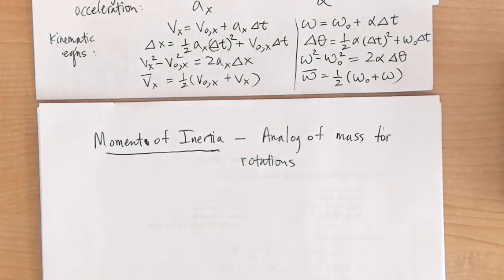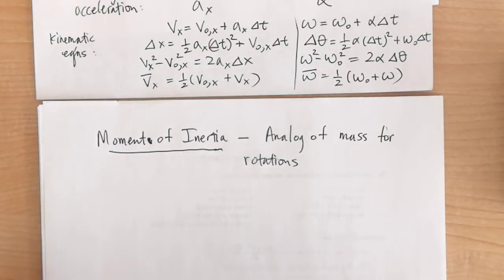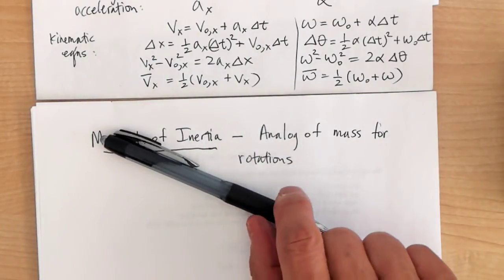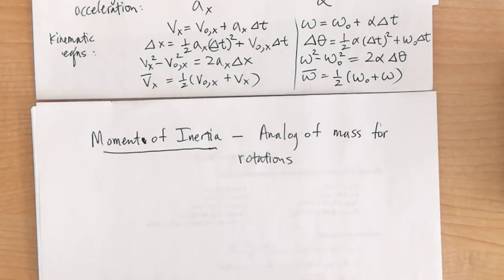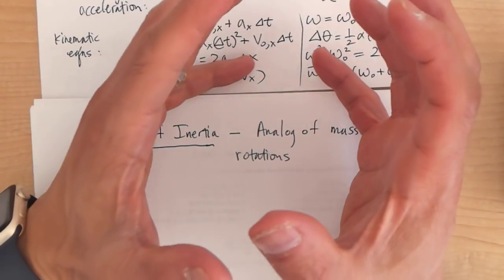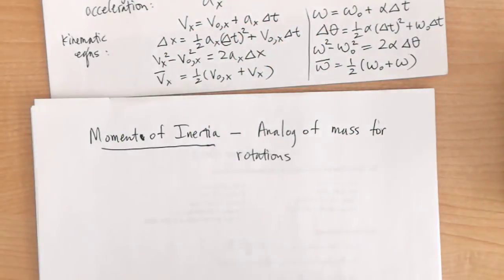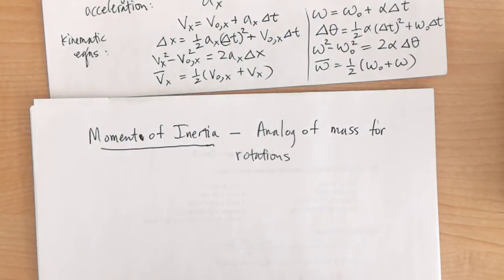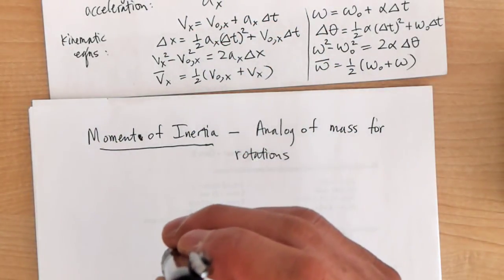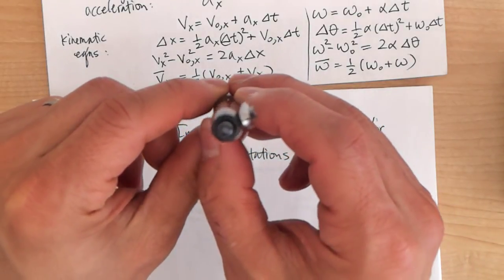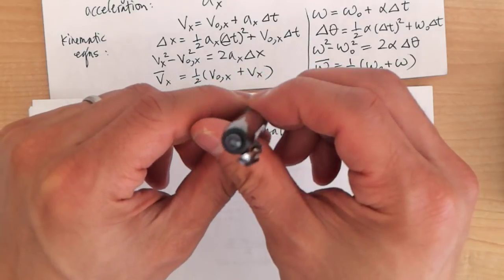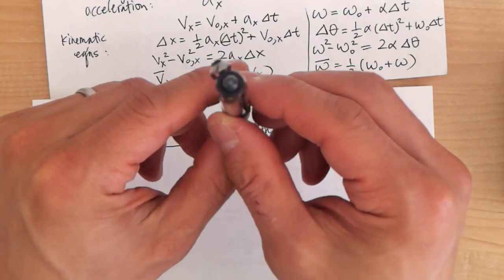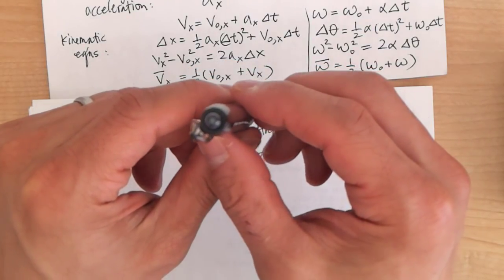We know that if I have an object that has very little mass, it's easy to make it move, to accelerate it. But if I have an object that has a much larger mass, then it's hard for it to accelerate. The same thing applies to rotations. If I take a look at this pen, it's rather easy for me to rotate it because it doesn't have much mass.